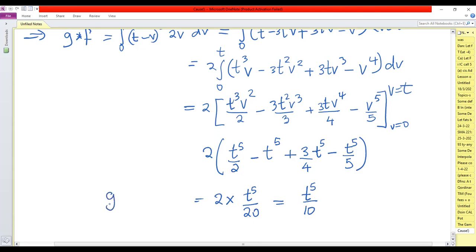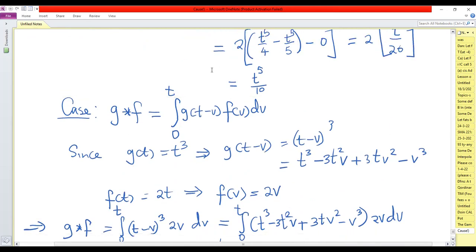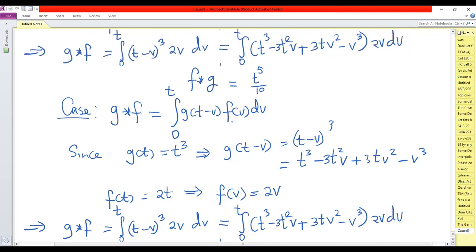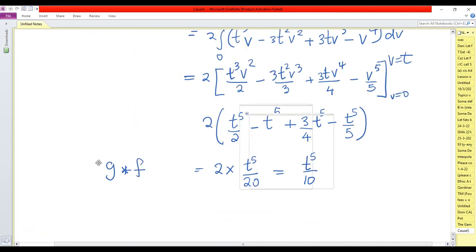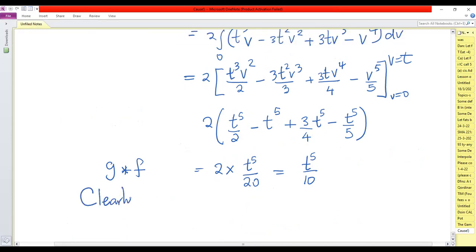So this is the convolution of g and f. And you see the same solution, t power 5 over 10, was obtained as for f convolved with g. So therefore, clearly we can see that the convolution of f and g is the same as g convolved with f, which is t power 5 over 10.